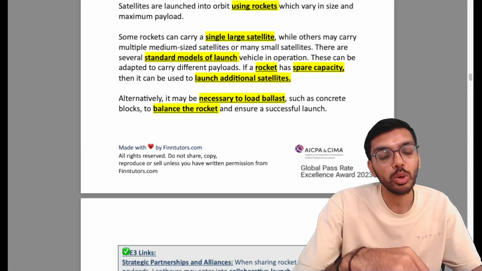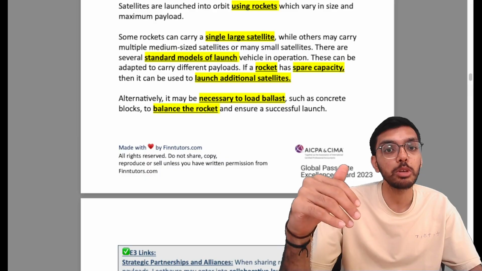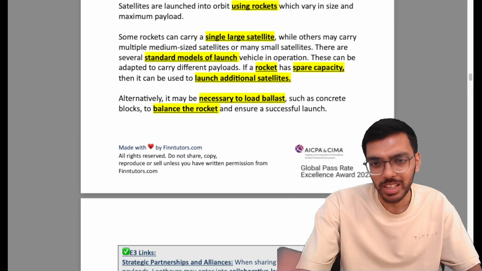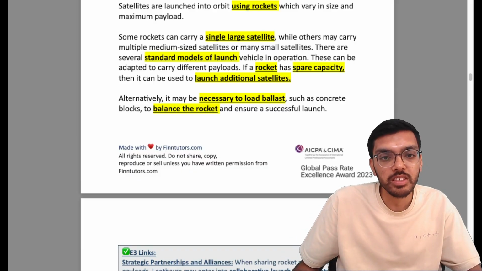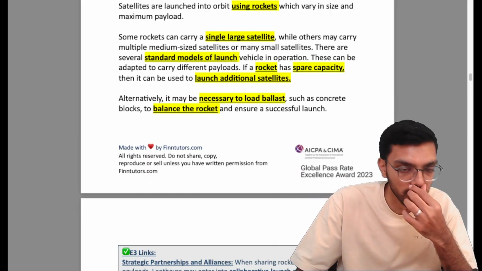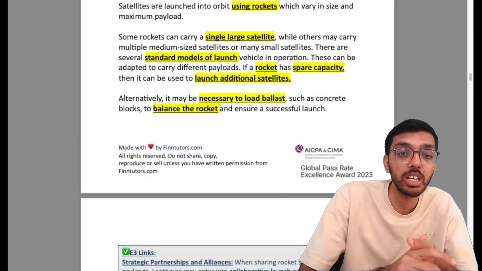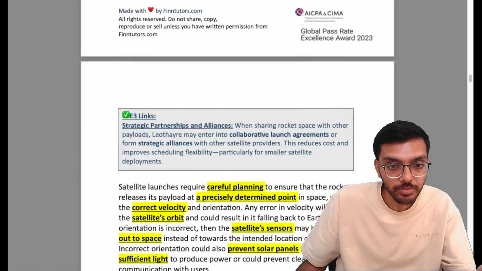These can be adapted to carry different payloads, and if a rocket has spare capacity, then it can be used to launch additional satellites as well. Standard info. Alternatively, it may be necessary to load ballast, such as concrete blocks, to balance the rocket and ensure a successful launch. So sometimes if it's empty, you'll have to put concrete blocks to balance the rocket.